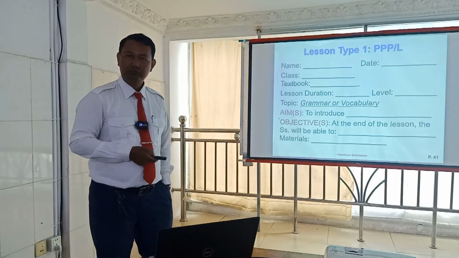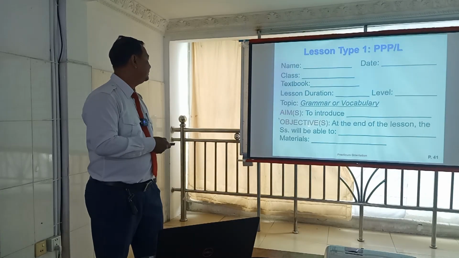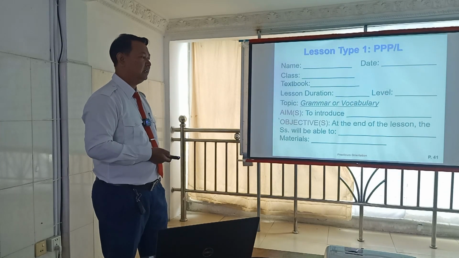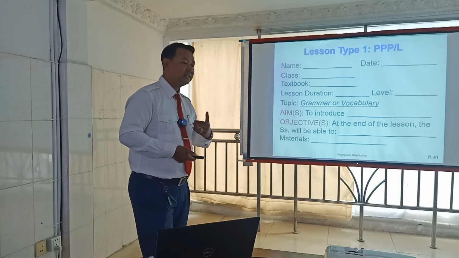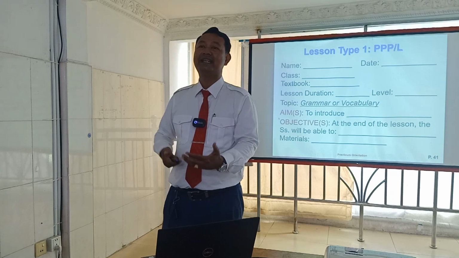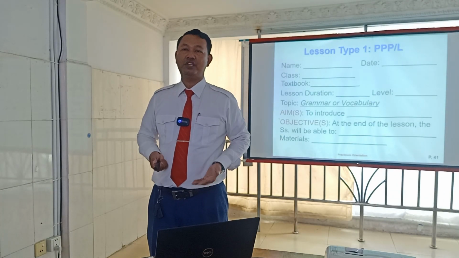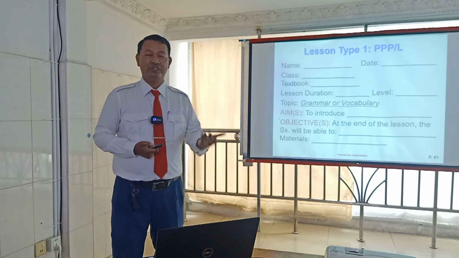You got it? And one more thing is objective. What is it? Most of the students or trainees feel confused about aims and objectives. Objective means what the students can do after learning with you, after the sessions of your lesson today. This is called the objective.